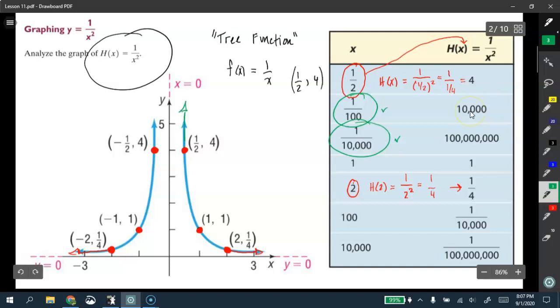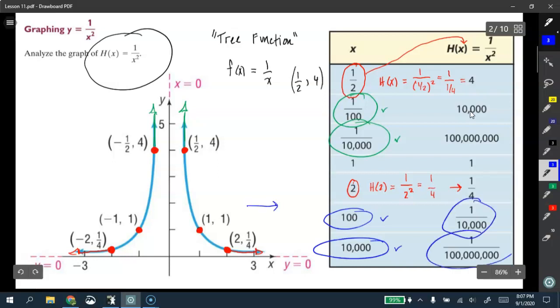On the other hand, if you continue to move along the x-axis in this direction, like 100, 10,000, you'll notice that these values just get very, very small.